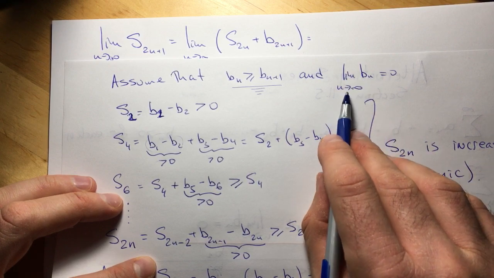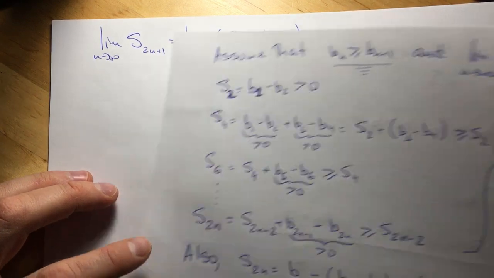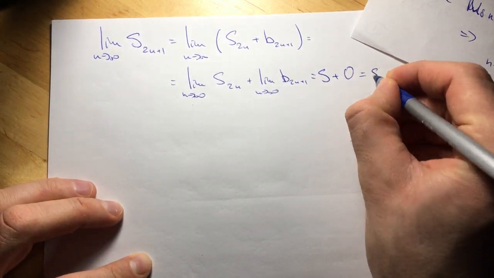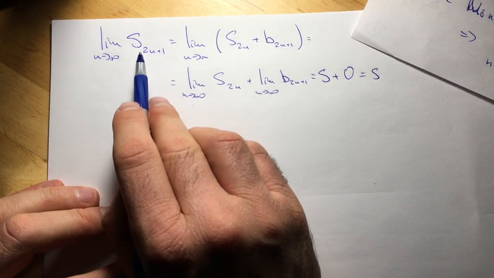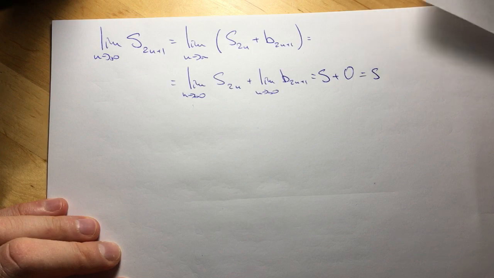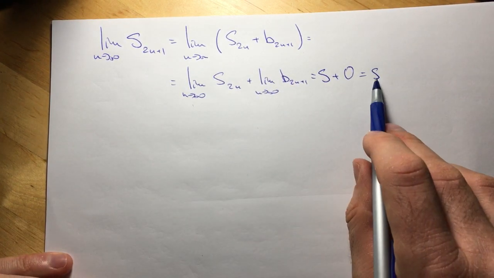The limit of bn as n goes to infinity is 0, which means that the limit of b of 2n plus 1 is 0. And what we have shown is that the limit of S of 2n plus 1, which means the subsequence made out of the odd partial sums, converges to the same value S.